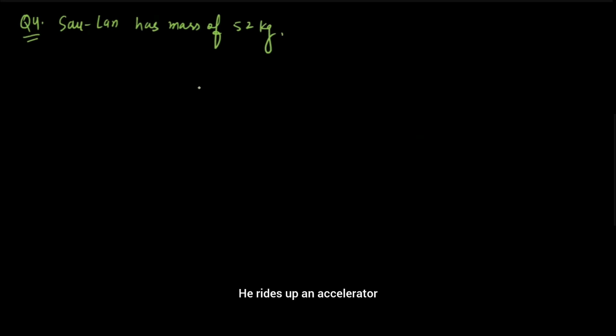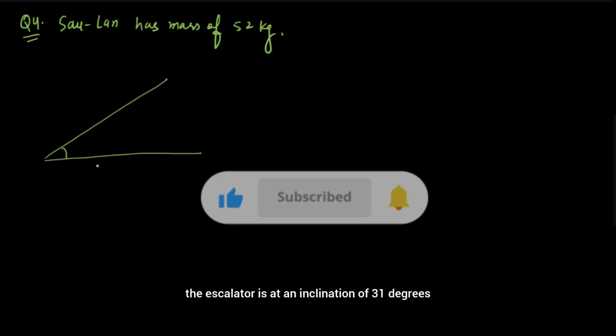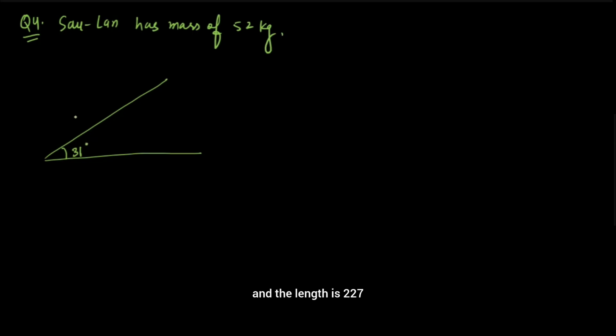She rides up an escalator at Ocean Park in Hong Kong. This is the world's longest escalator with a length of 227 meters. The escalator is at an inclination of 31 degrees. Question is, how much work does the escalator do on that given person?